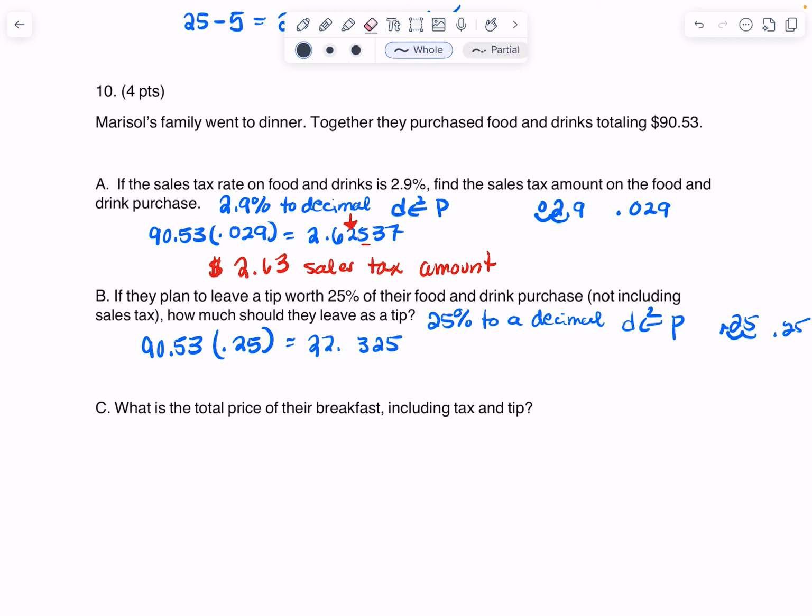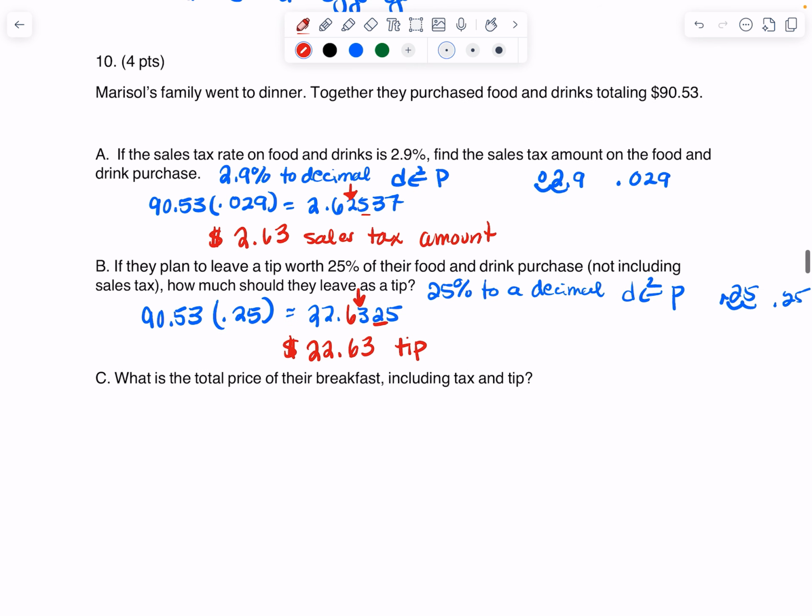So I need to put the arrow over that 3. And I'm looking at the digit behind it. So I'm going to leave the 3 alone because 2 is smaller than 5. So 22.63 is going to be the amount that we are going to tip the waitress or waiter.